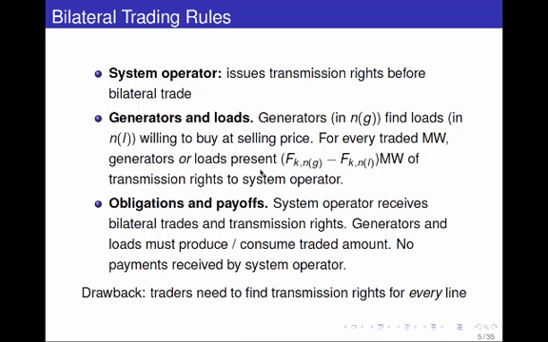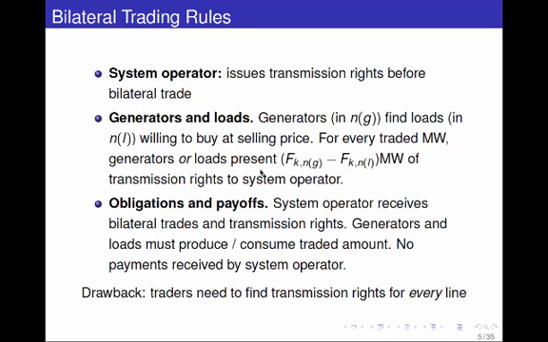So, in general, when someone in area M is trading with someone in area N for a general network, how many rights do they have to buy for line K in general? And here it's helpful to remember the linearity property of PTDFs.